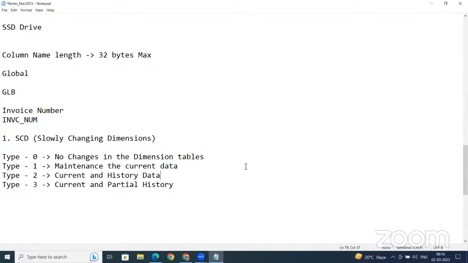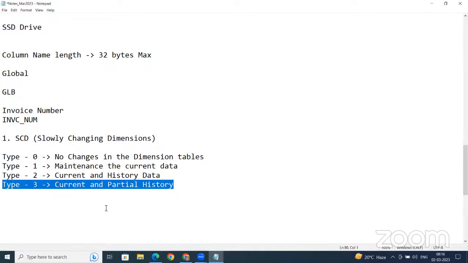Okay. And the next one is partial history. So what is meant by partial history? Type 3 dimension. One more disadvantage in type 2 is data is getting piled up. If the company doesn't want full historical information, just partial information, then go for type 3.